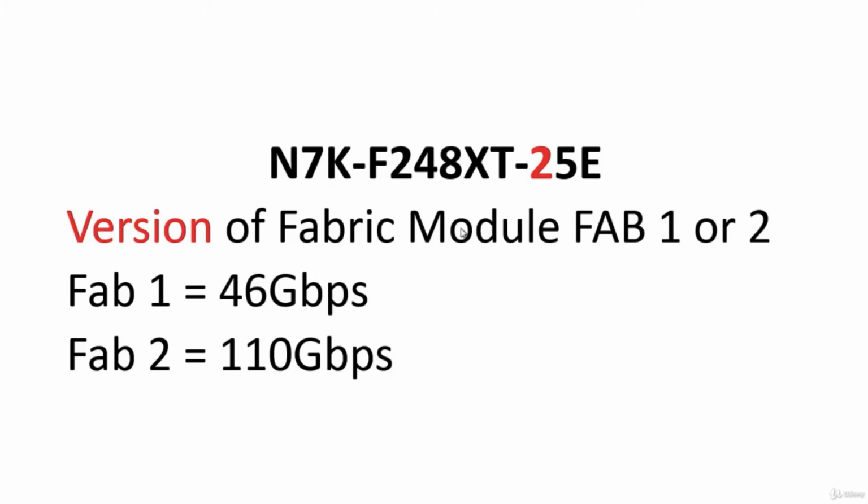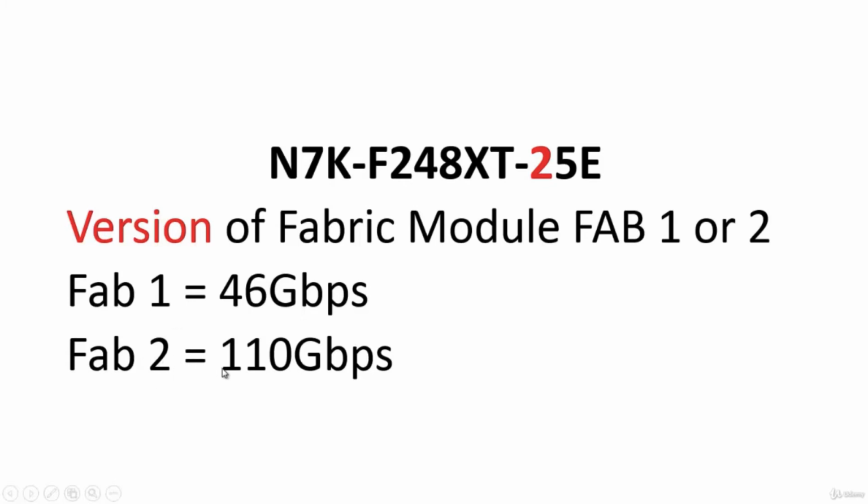You need to have that module which can provide enough bandwidth for the line card. So let me give you one example. If your line card supports, let's say 110 Gbps, then you need to have either 3 fabric modules of 1 series, that is version 1, or you can have 1 fabric module of version 2.